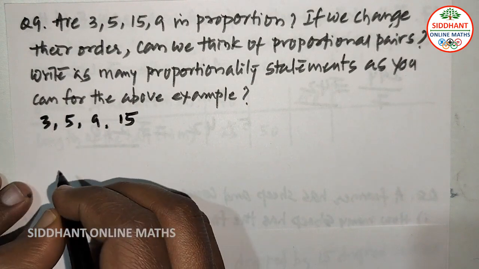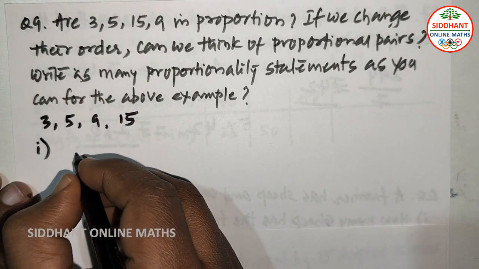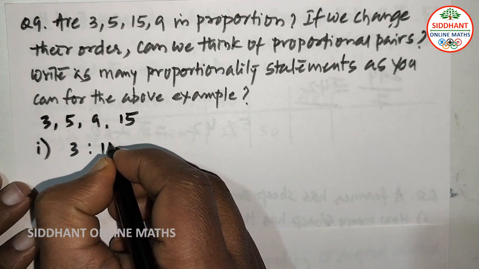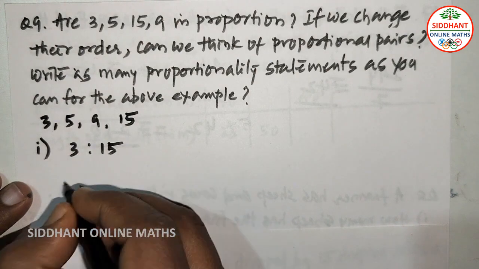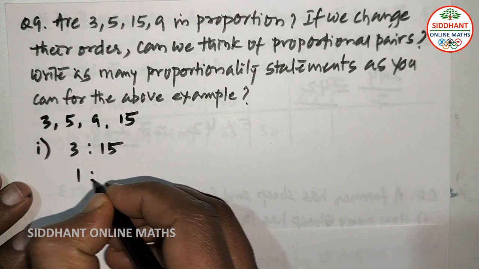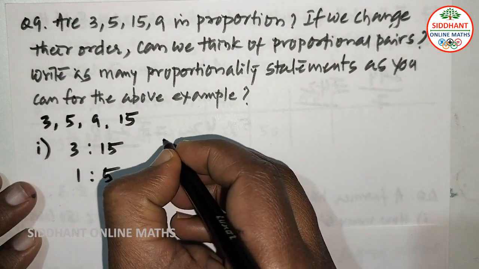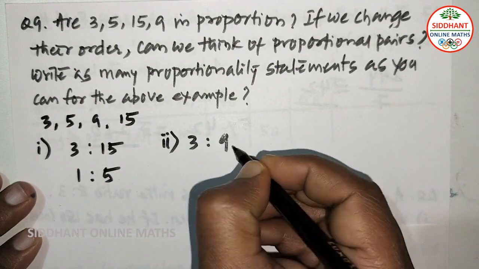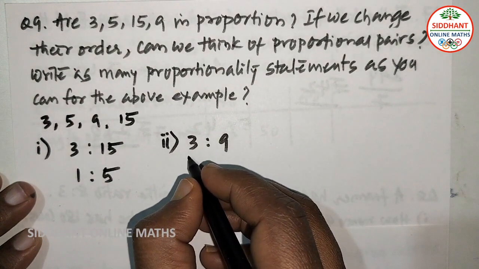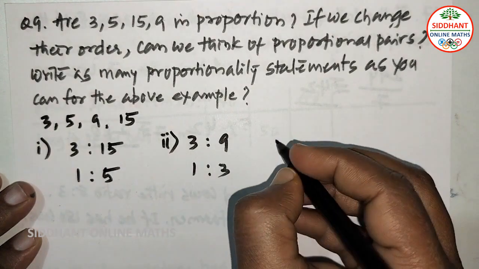So first we are going to see one ratio proportional, that will be 3:15. So when you are going to simplify it, it will be 1:5. This is one proportionality. Second, 3:9. So when you are going to simplify, it will be 1:3.